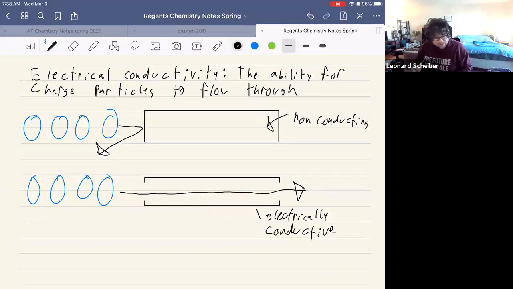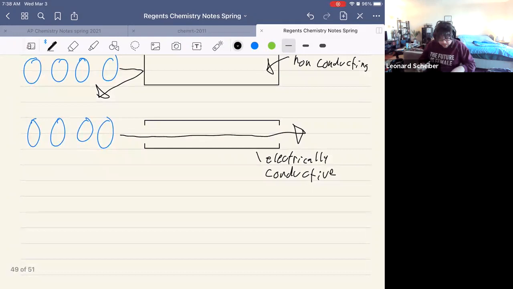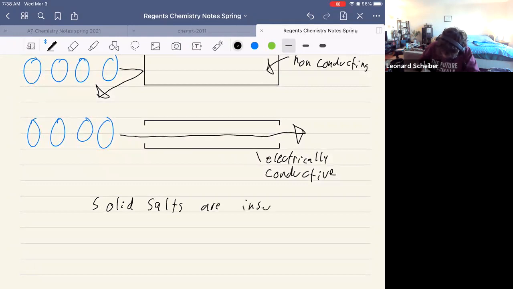Solid salts happen to be insulators. A solid salt will not conduct electricity. And that has everything to do with the shape of the crystal. Hopefully remember that the crystal lattice structure looks kind of like this, right?